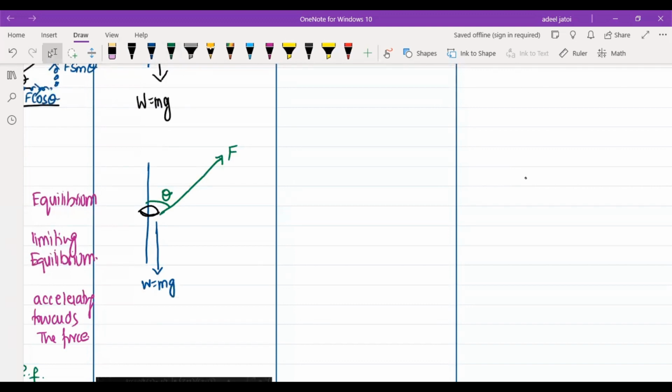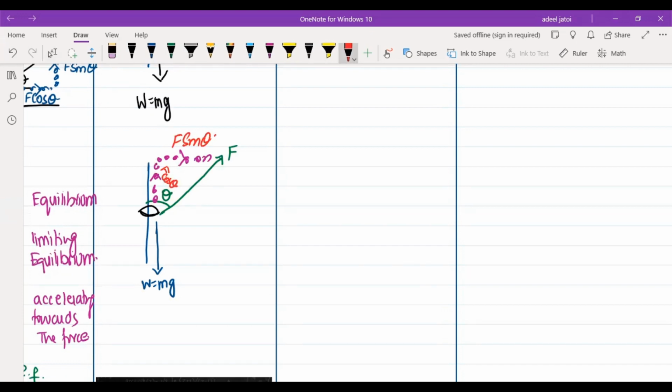So if W is equal to mg, we can solve this with two different forces, towards up and right. So this should be F sine theta, and this should be F cos theta.